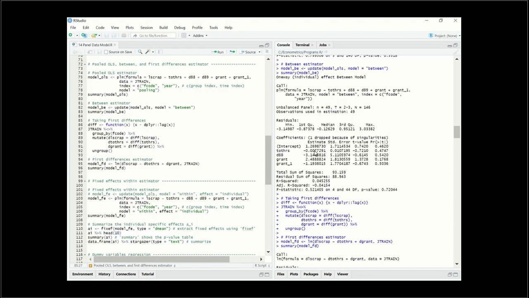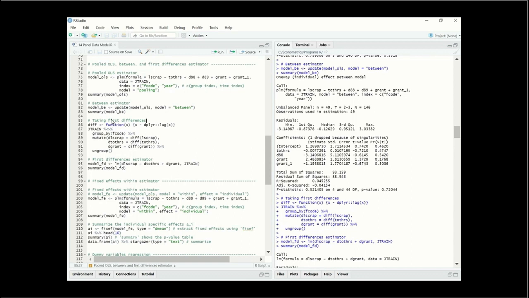So if one firm has 1 additional hour of training more than another firm, they would see a 0.7% reduction in scrap rates. But again, this effect here is not significant. So this is the between estimator.